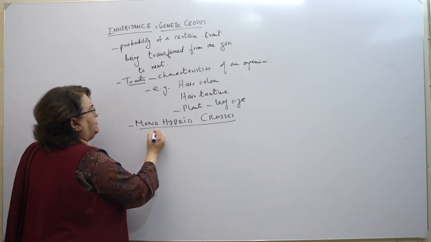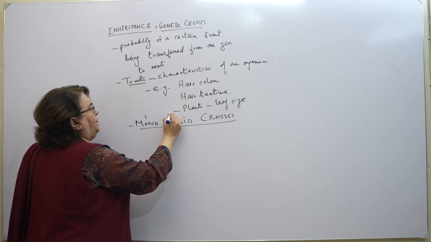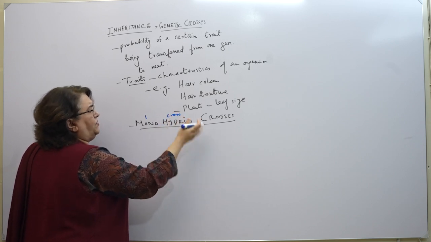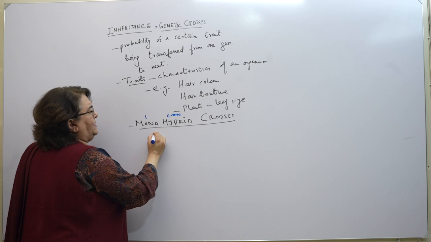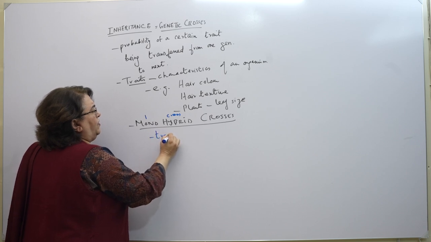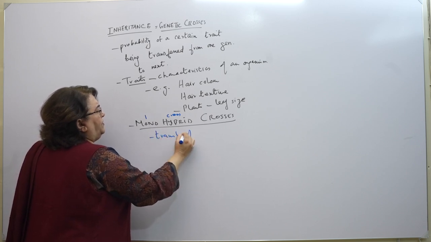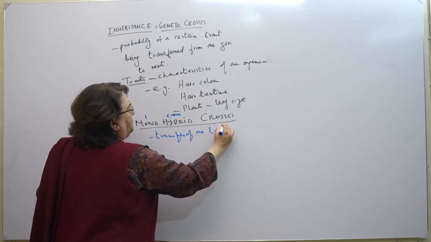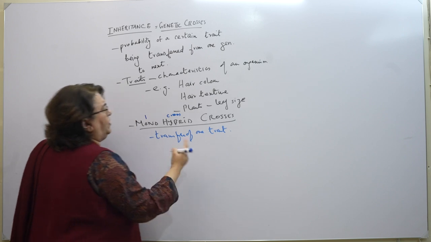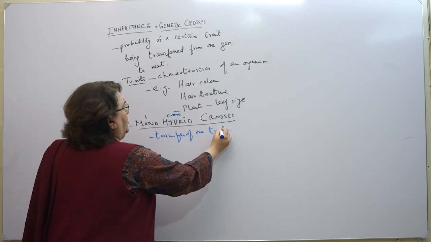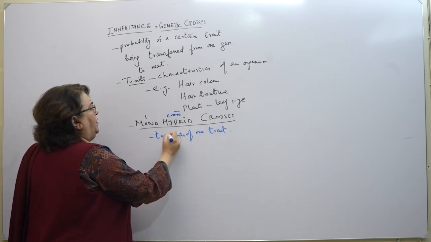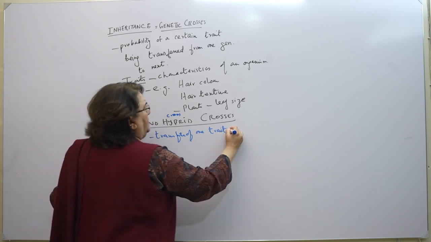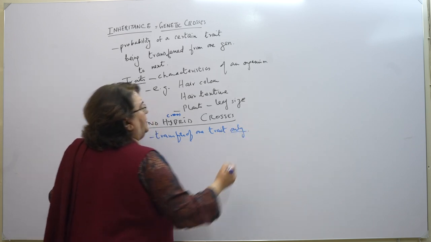Mono means one and hybrid means a cross or a combination. So we can say the transfer of one trait, all right, and what the probability will be in that organism. Transfer of only one trait, right?